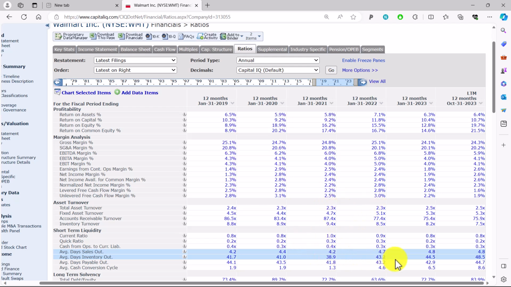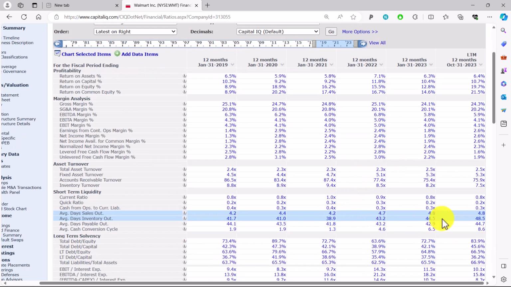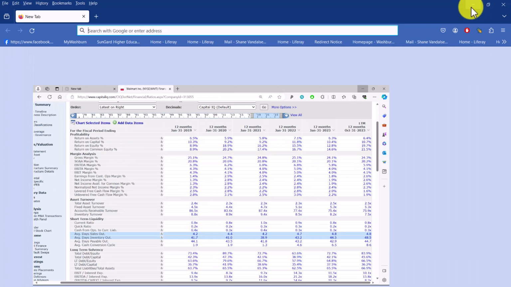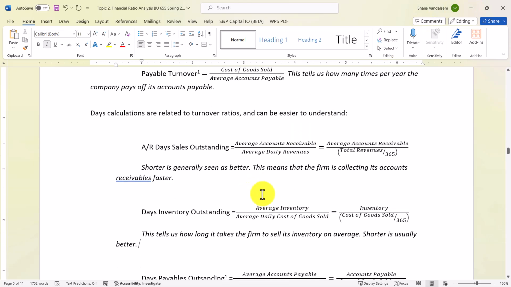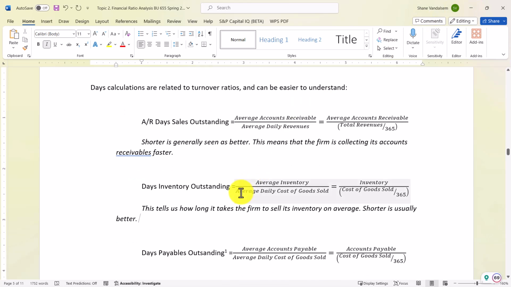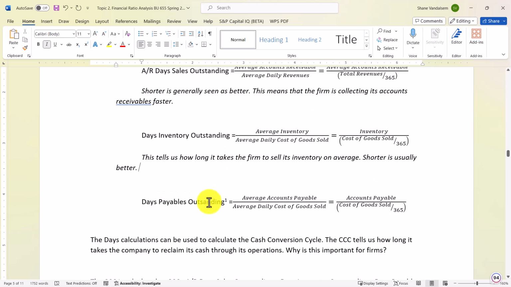And then we see it actually creep up a little bit over the past couple years post-COVID. So shorter is usually better. It means that they're selling through their things faster. They're getting things off the shelf faster.